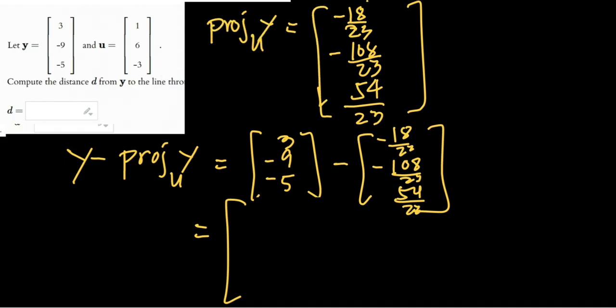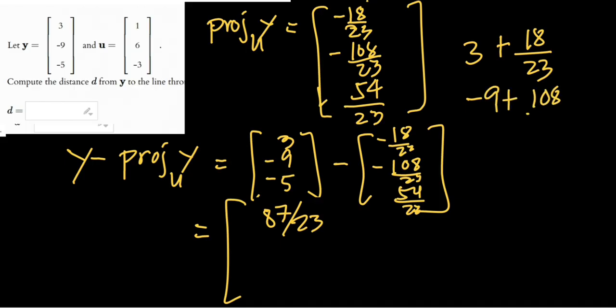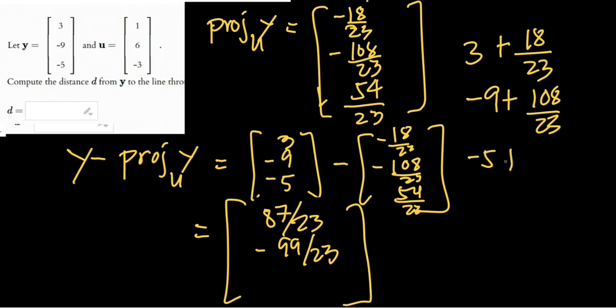It should be 3 plus 18 over 23, so that would be 87. Yeah, you got that right. And then the other one is negative 9 plus 108 over 23, which is negative 99. And then the other one is negative 5 plus 54 over 23.